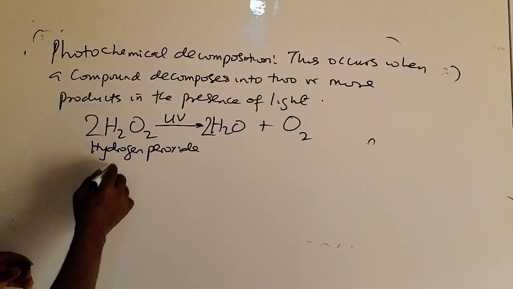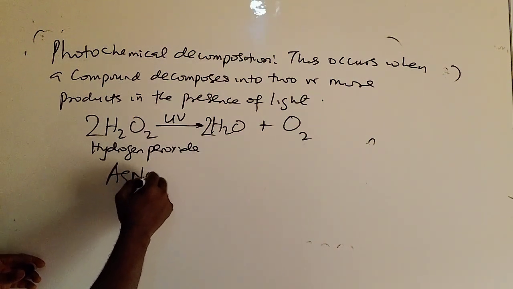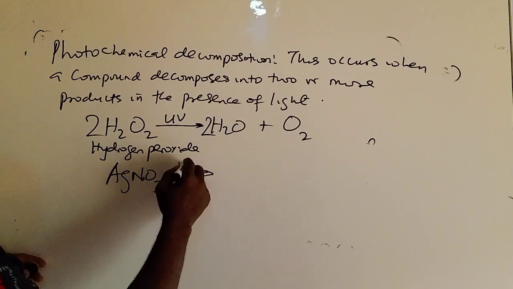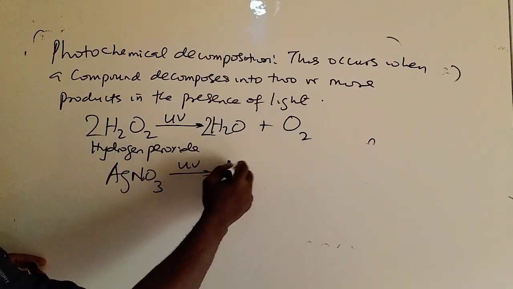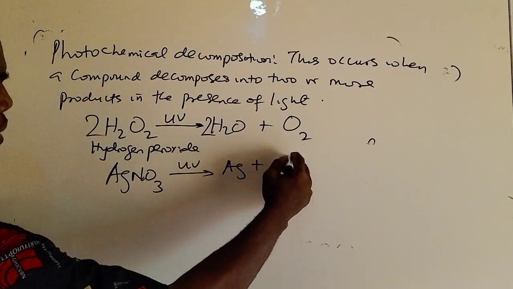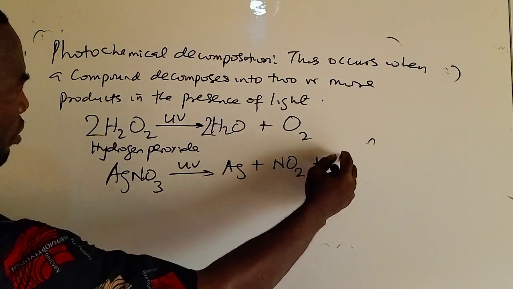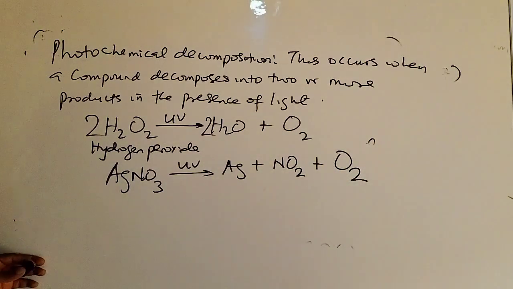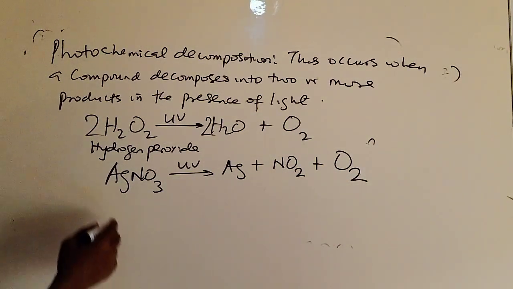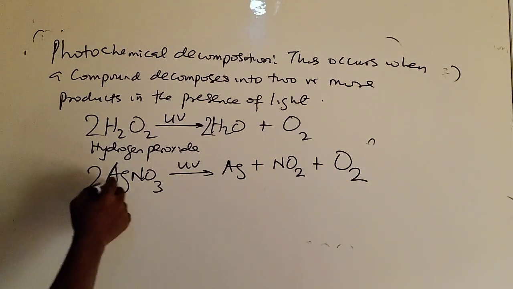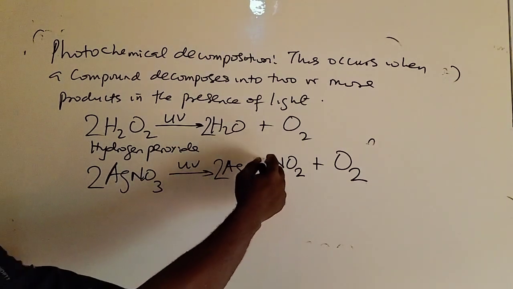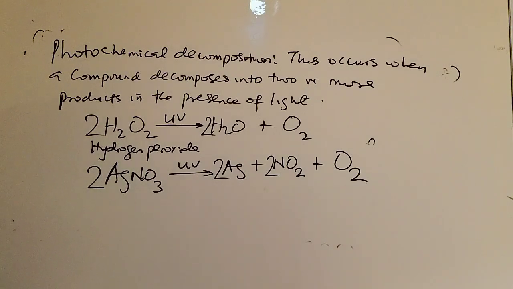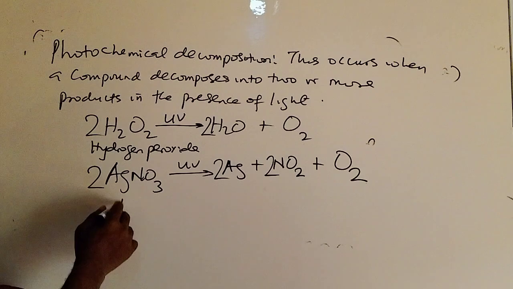And then we can still have silver nitrate or silver compounds that are decomposed by sunlight. Silver nitrate splits into silver, a gas called nitrogen dioxide, and a gas called oxygen gas when exposed to sunlight. We can balance it by putting 2 here, putting 2 there, and then of course putting 2 there. So that becomes balanced. Then we can still have maybe silver chloride.